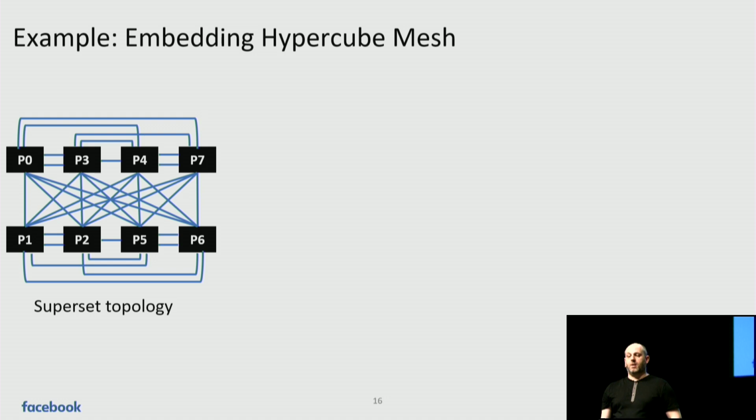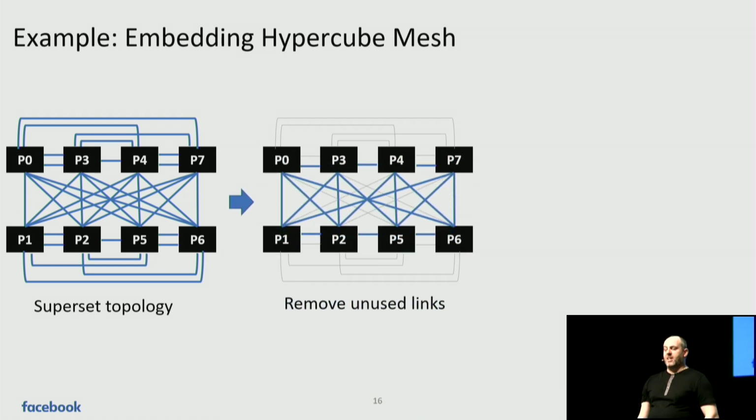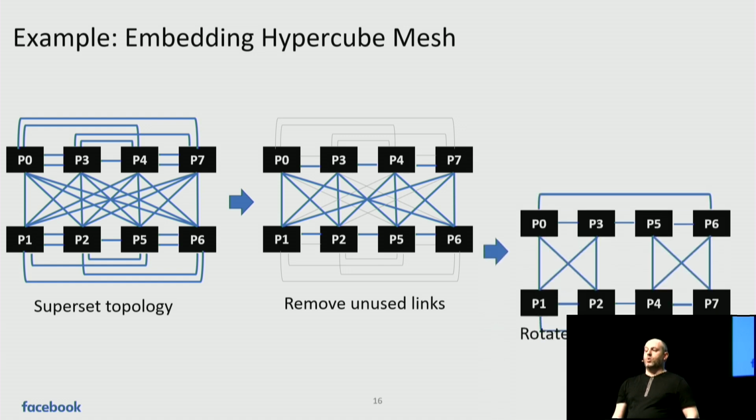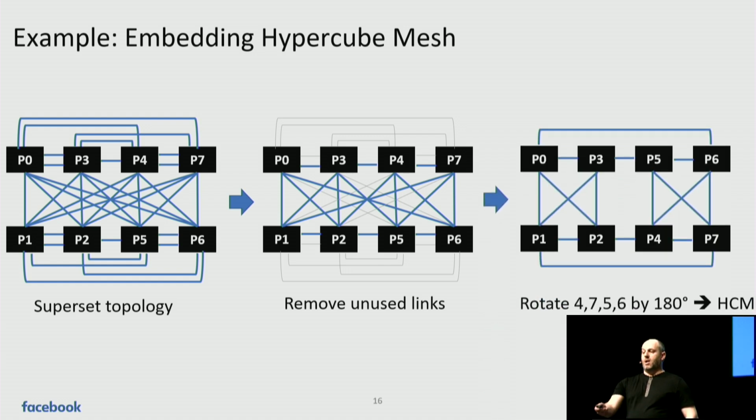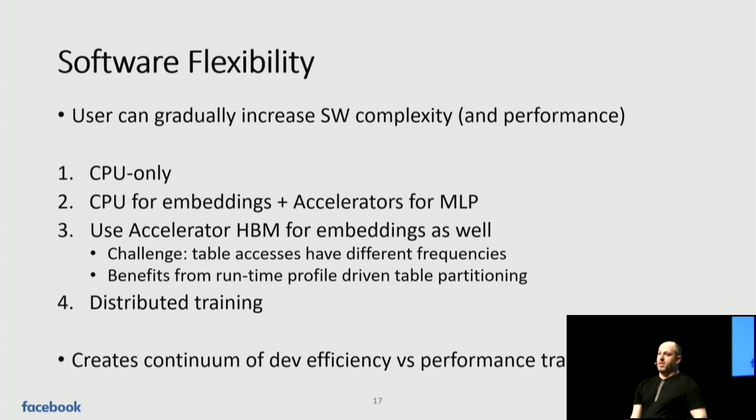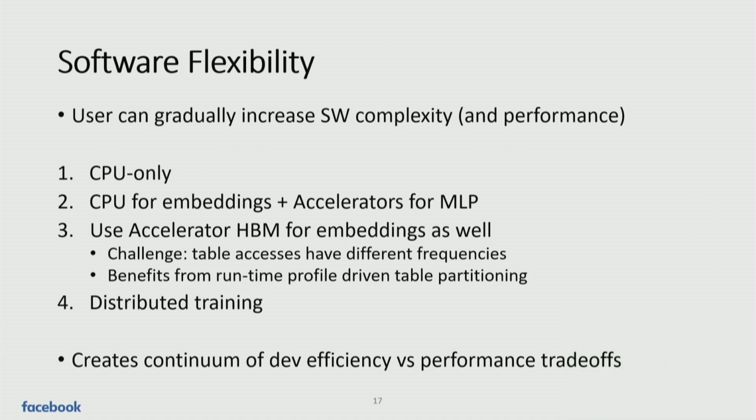So if you take the superset topology and remove some of the unused links, and then, I know it's not super intuitive, but then if you rotate the accelerators 4, 7, 5, and 6 by 180 degrees, you actually get the topology that is a hypercube. So this is an example of how we could enable different topologies.